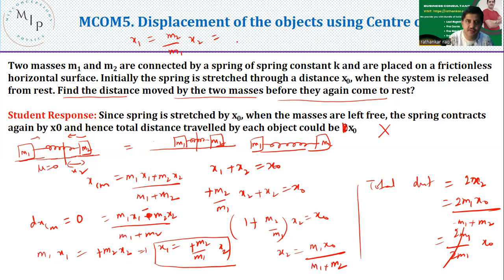I'll substitute for x2 from here, which would be m2 by m1 into m1 x0 divided by m1 plus m2. So this m1 and this m1 go away, and I am left with m2 x0 divided by m1 plus m2.